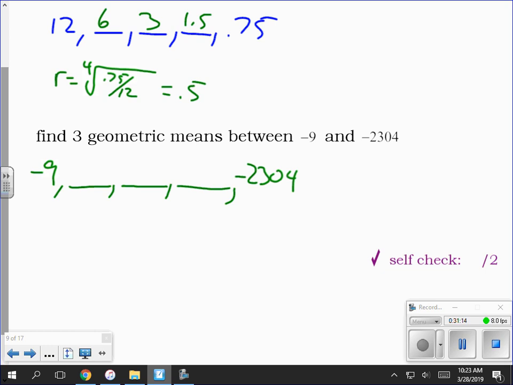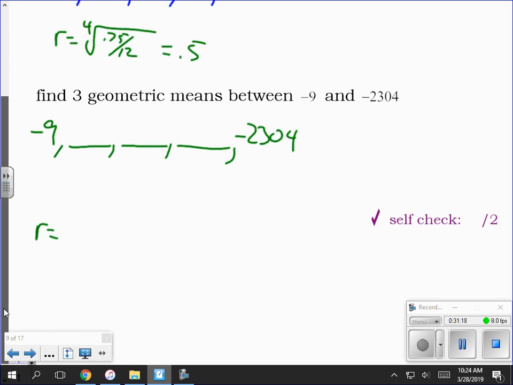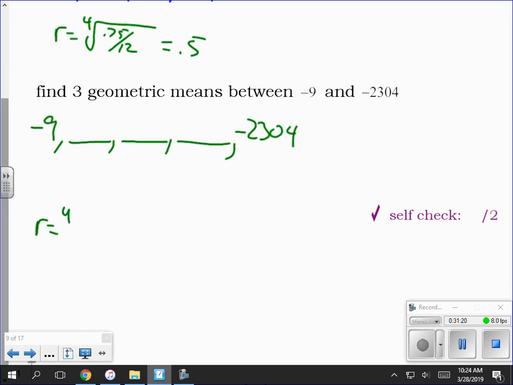So first thing we need to do is find R. R equals, once again, the fourth root, because of 1, 2, 3, 4, of -2304 over -9. So -2304 divided by -9 is 256. The fourth root of 256 is 4.